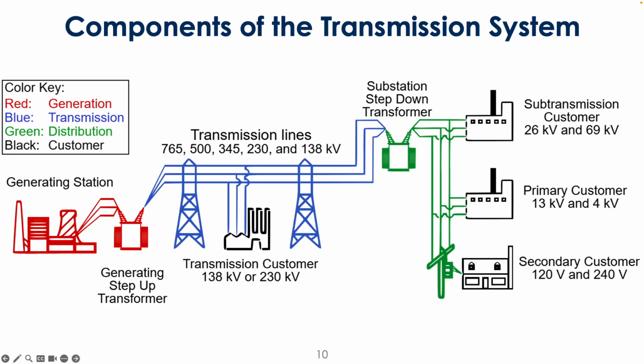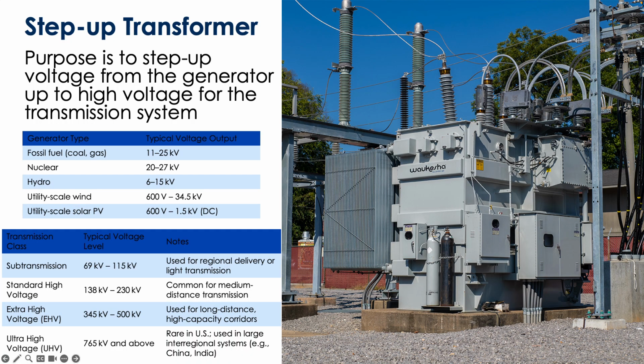We will later talk about the transmission customer, or the owner of the transmission system, in a later lecture. Today is more about how it physically works, and then we'll talk about how it interplays in the electricity market a little later on. I'll touch on this piece too, maybe not the step-up part.